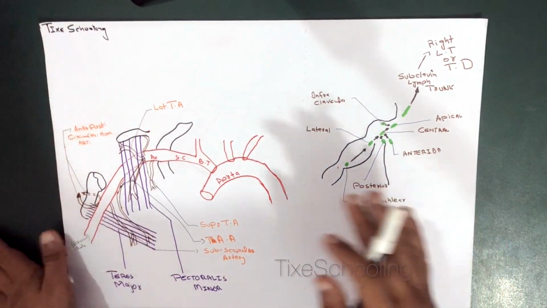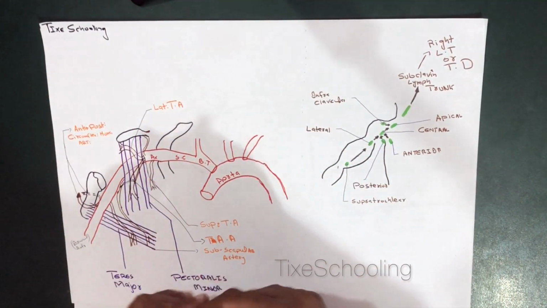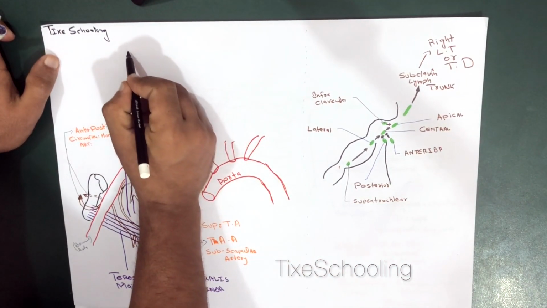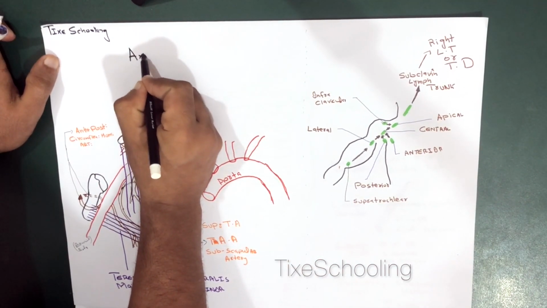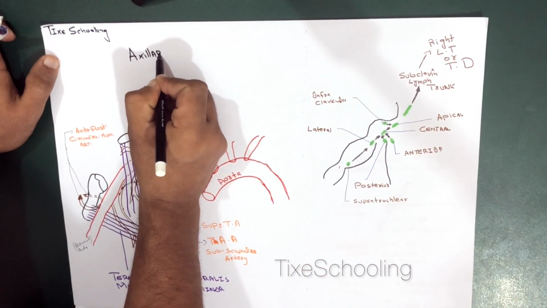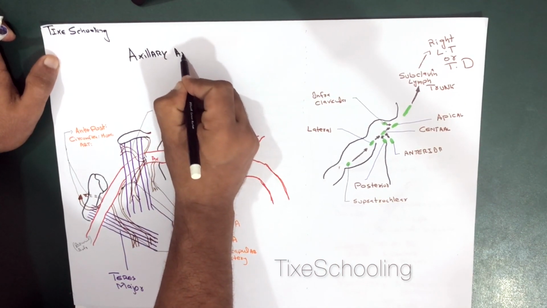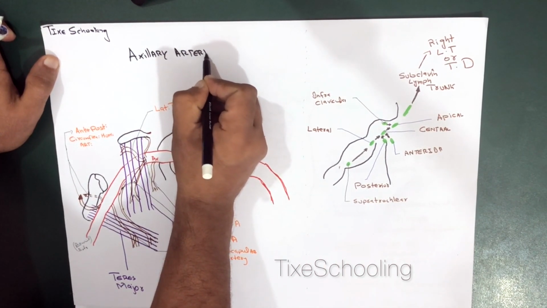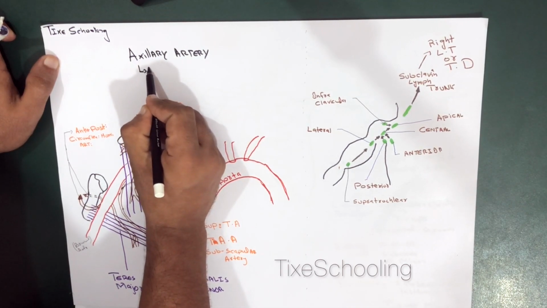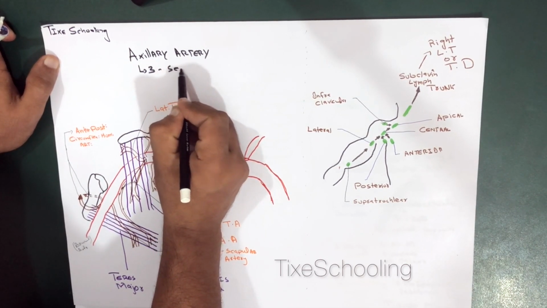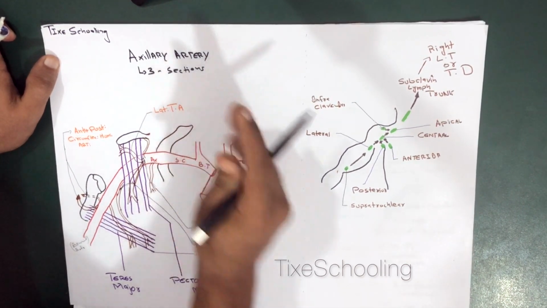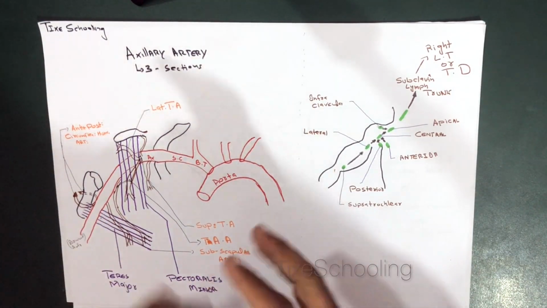All right, now let's talk about the axillary artery. Remember, the axillary artery is further divided into 3 sections. Very easy.